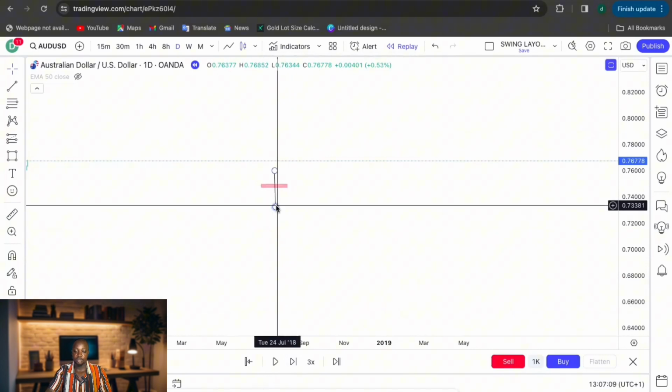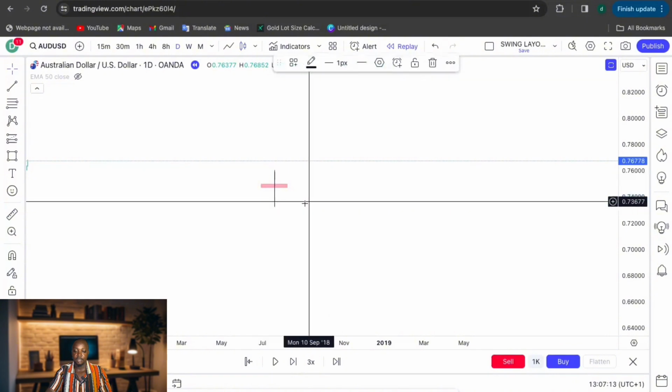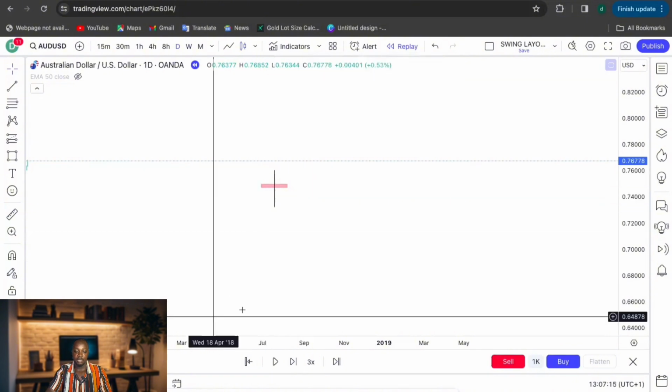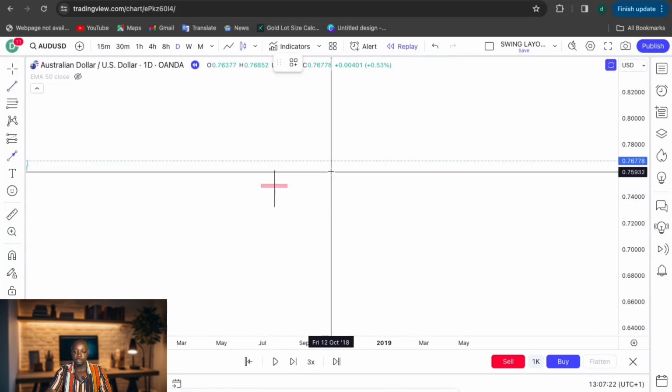It's not the best doji in the world, but the concept is the idea that matters. You can also have one with the green.